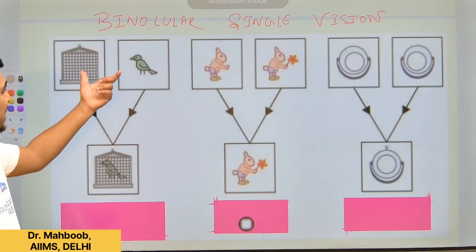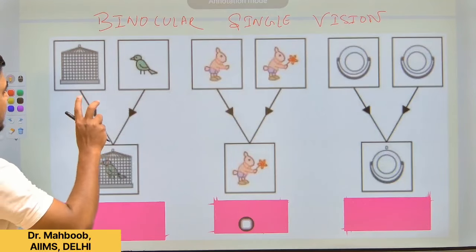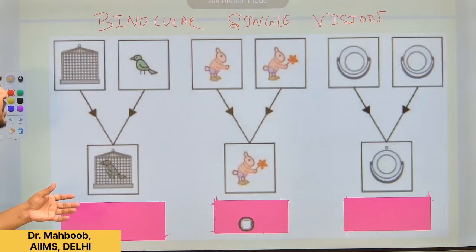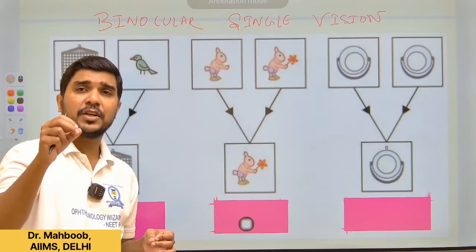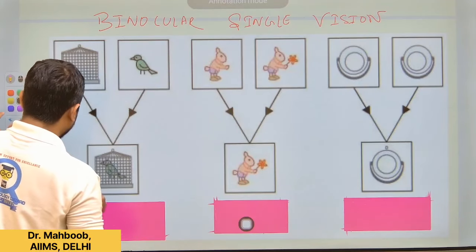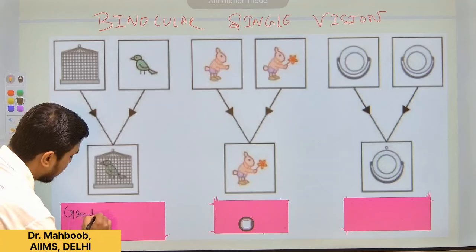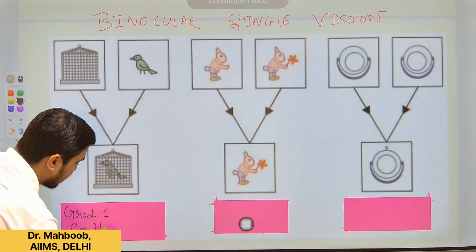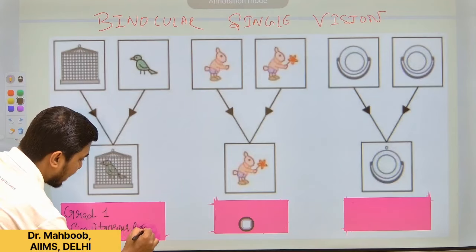These two similar or dissimilar objects are seen separately, but perceived together; this is simultaneous perception of two different images. So this is grade 1, which I call simultaneous perception.